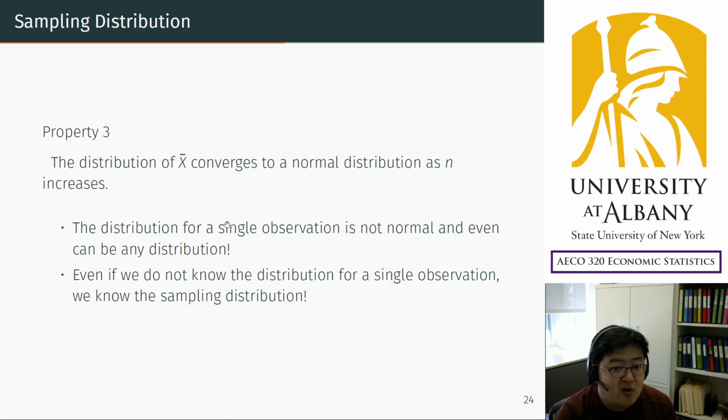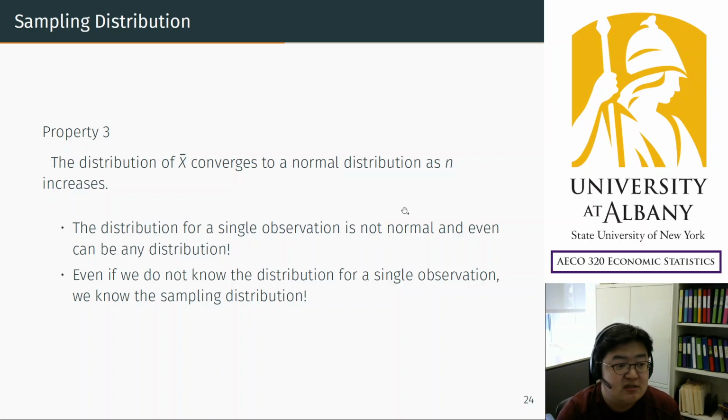So what's amazing about this pattern, particularly property 3, is that the original shape can be anything. Like I showed you, fair dice, unfair dice, unfair in whatever way, will in the end become normal as you increase the number of dice you throw at a time.